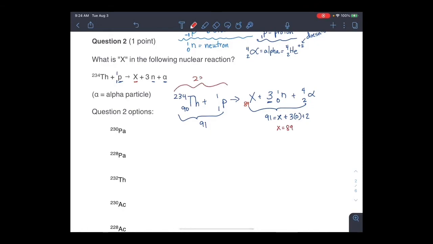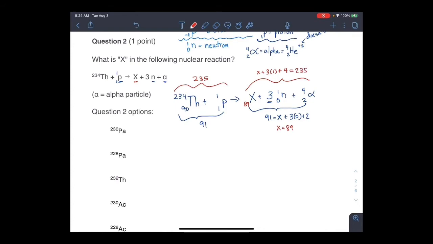I got 235 on top, 234 plus 1. So over here, I have whatever X is, plus 3 times 1 for my neutron, plus my 4 for my alpha, must all add together to give me 235.